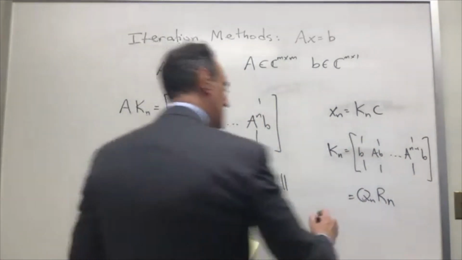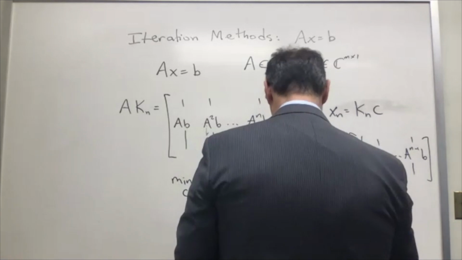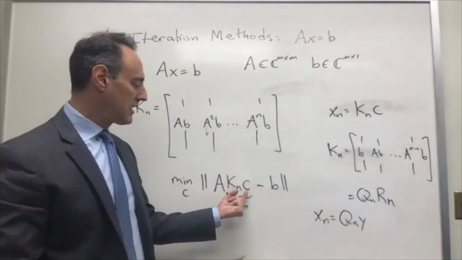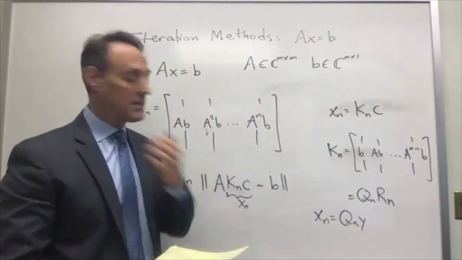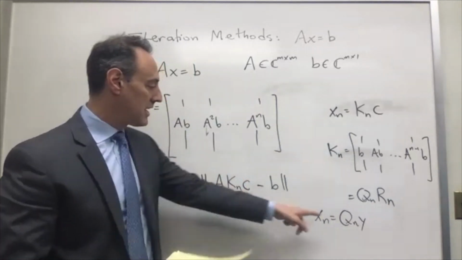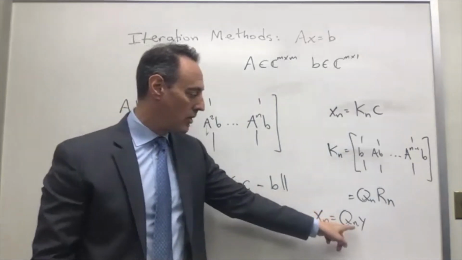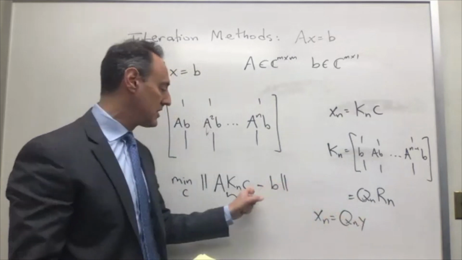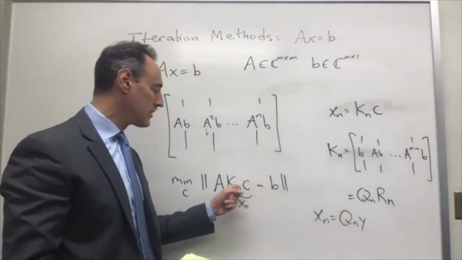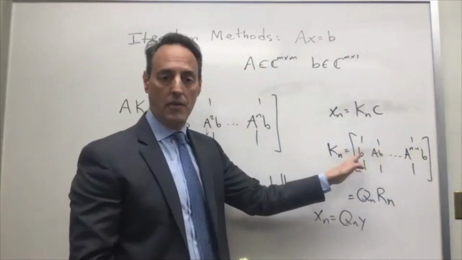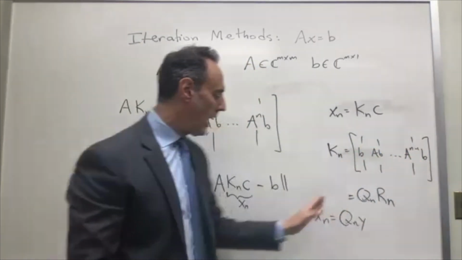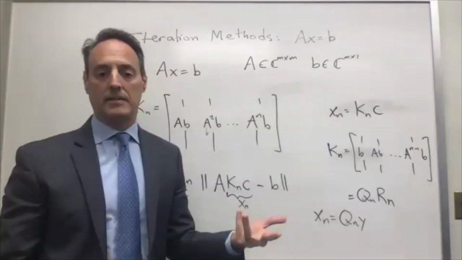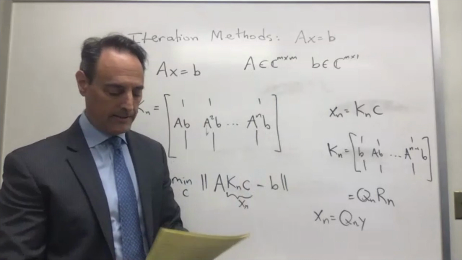I could instead say x of n is equal to, instead of projecting C times K of n as a linear combination, why work with that basis when I could work with the Q of n's? And y is now what I try to determine instead of C. Remember, C is just the loadings onto the linear combination of these columns, whereas y is the same idea, but now onto an orthonormal basis, which is much easier to work with.